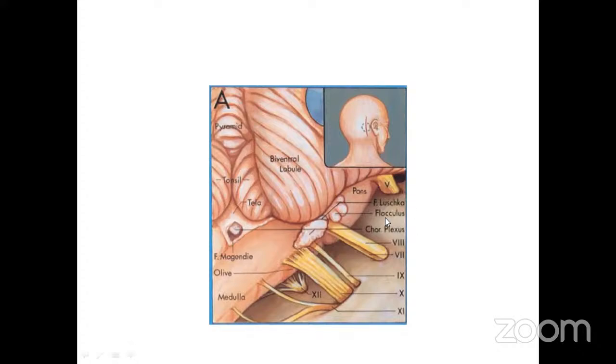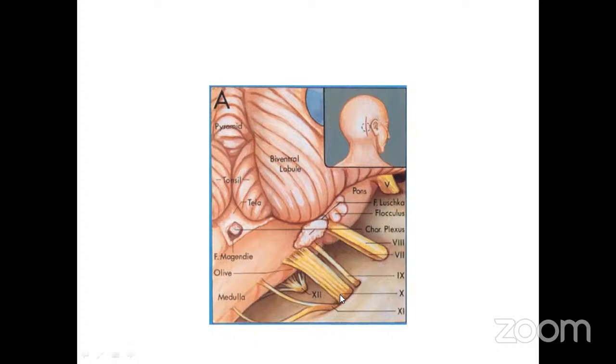Laterally, we can see the foramen of Luschka, through which the choroid plexus protrudes, and above the choroid plexus is the flocculus. This is the junction of 7th and 8th cranial nerve with the brain stem, and it lies anterior superiorly to the choroid plexus and anterior to the flocculus.